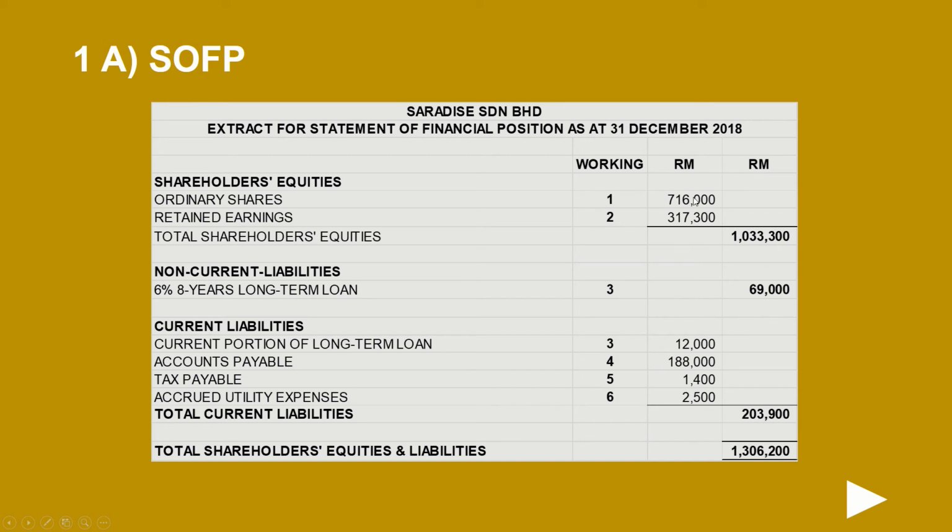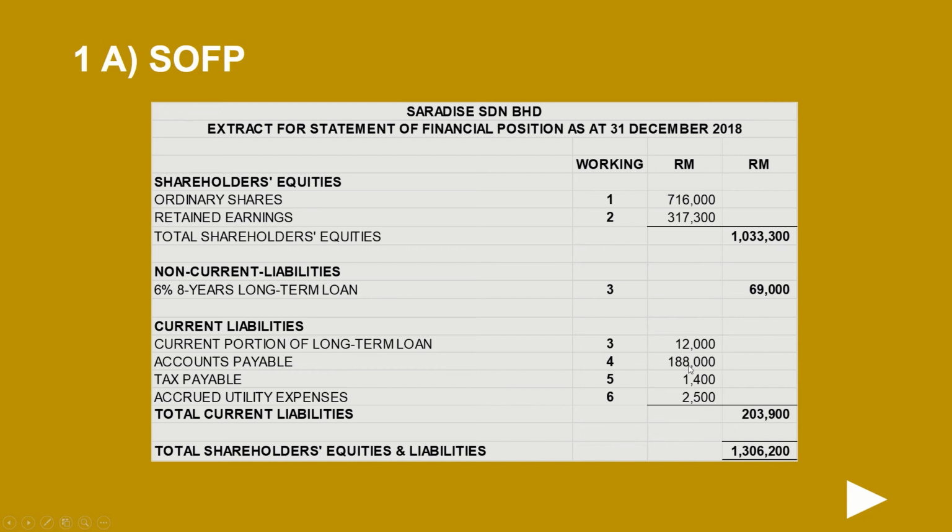The total amount of ordinary shares is 716,000. Retained earnings 317,300. So total shareholder equity is equivalent to 1,033,300. And then for non-current liabilities, the amount is 69,000. For the current portion of long-term loan, 12,000.